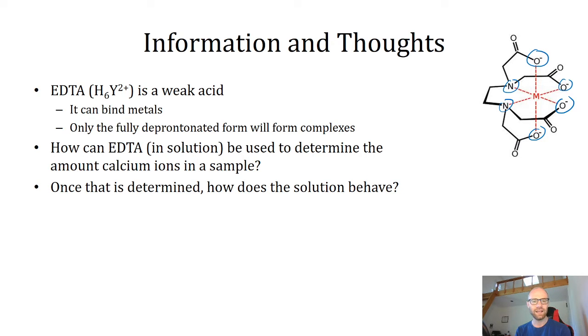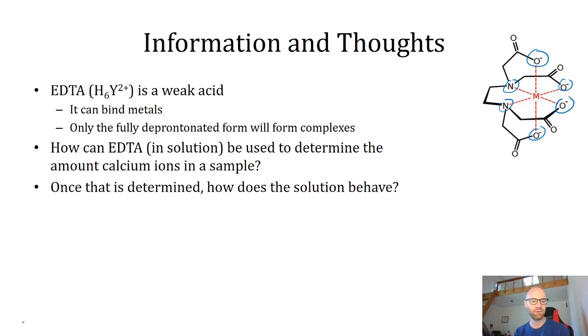I feel like if you're going to bind up calcium ions, you probably need some sort of indicator, but that indicator isn't a pH indicator, because I don't think pH factors into this, other than saying the pH has to be dialed right to allow there to be that one of the 7 forms.